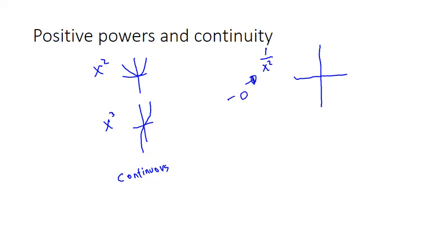So we cannot put 0 here. So that means that there's an asymptote right at 0. So this line right here, we would never have a value on that line. We would have to have an asymptote. So our function could get closer and closer and closer, but never actually reach there. It could also similarly get closer and closer and closer, but it never would actually reach that red line.